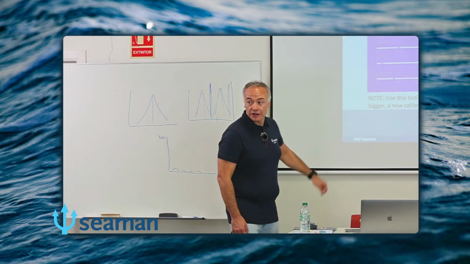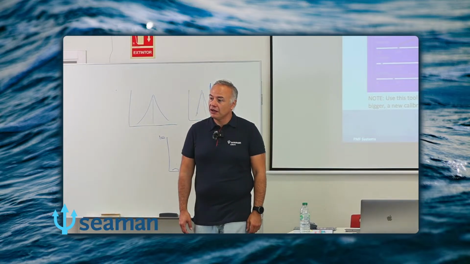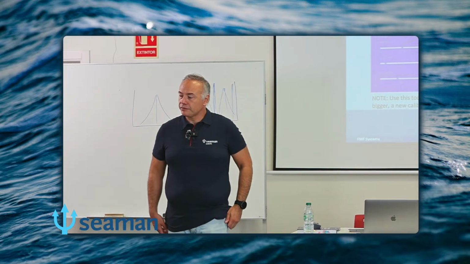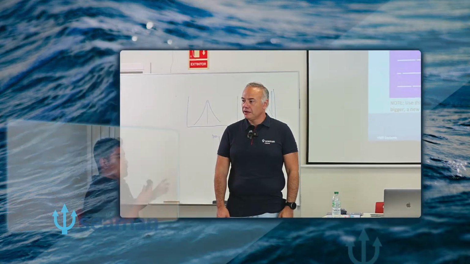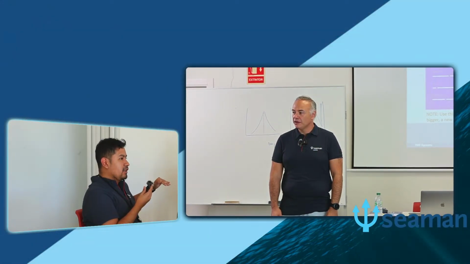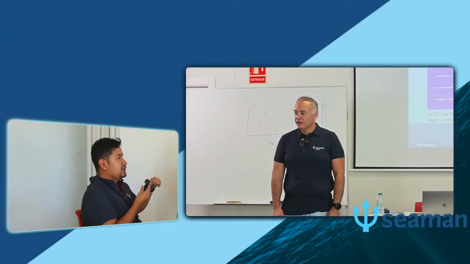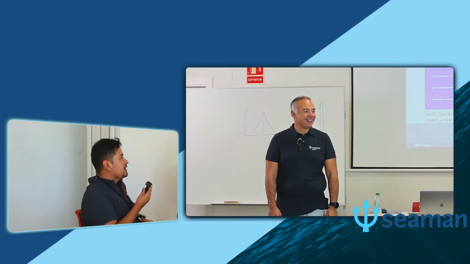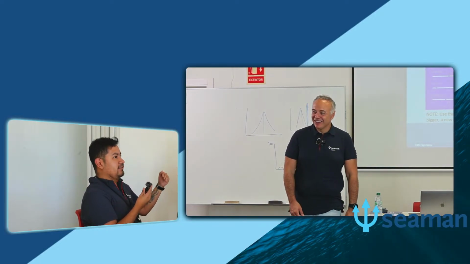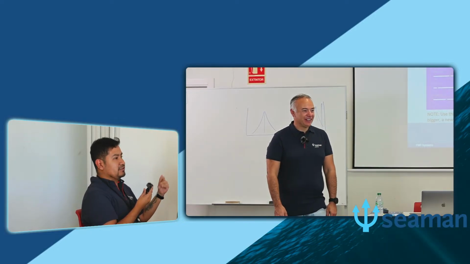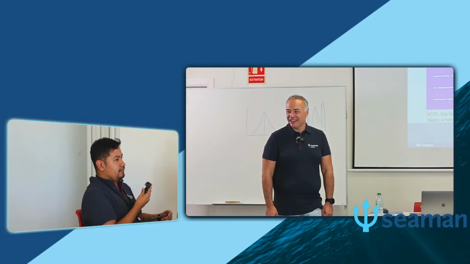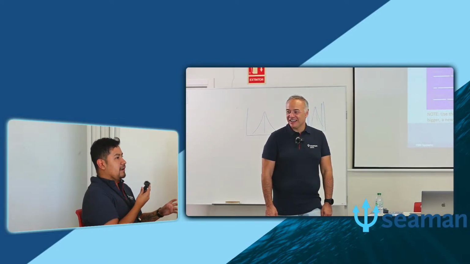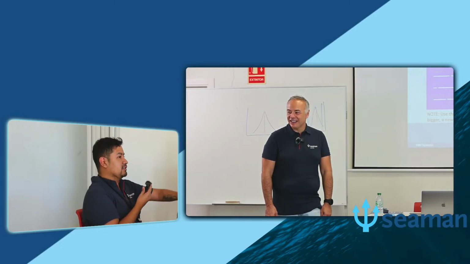Now, it's important to clarify that we calibrate the system with the sphere, but the sphere has almost the same behavior for all frequencies. But as you say, the fish have different behaviors in front of frequency, and the species is not the same in some parts of the world.